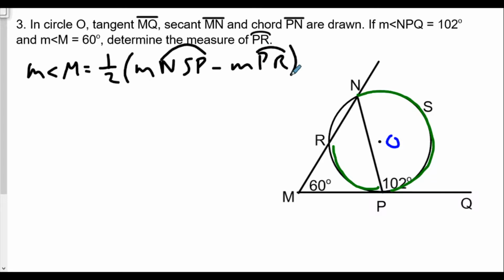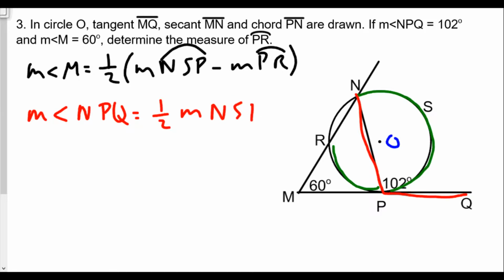Well, we do know the measure of angle M, but we don't necessarily know the measure of arc NSP. But we do know that the measure of angle NPQ is equal to 102. And we know in this case, the measure of an angle formed by a tangent and a chord is equal to 1/2 the measure of the arc intercepted. So the measure of angle NPQ equals 1/2 the measure of arc NSP.